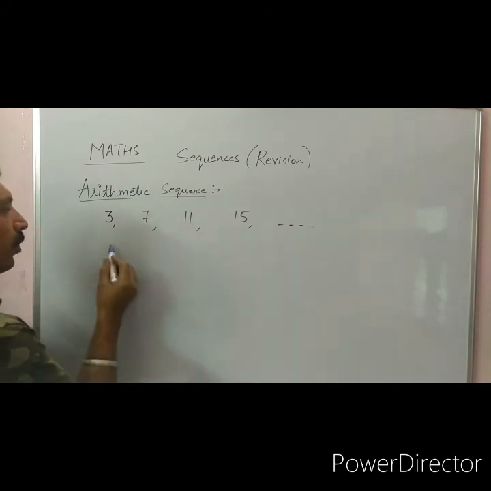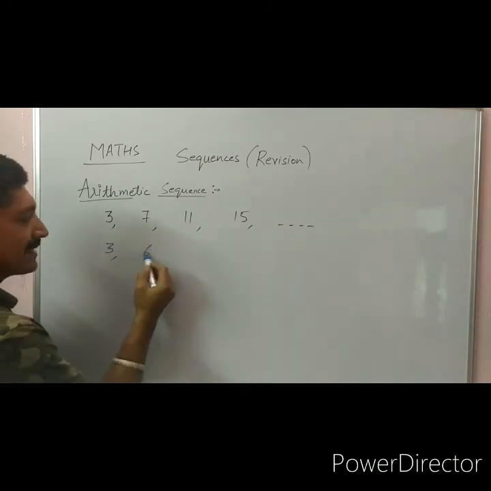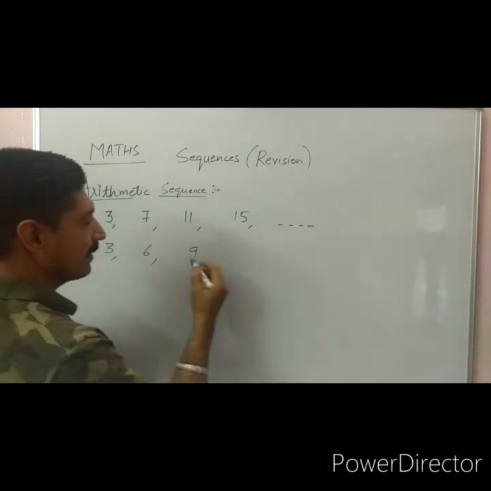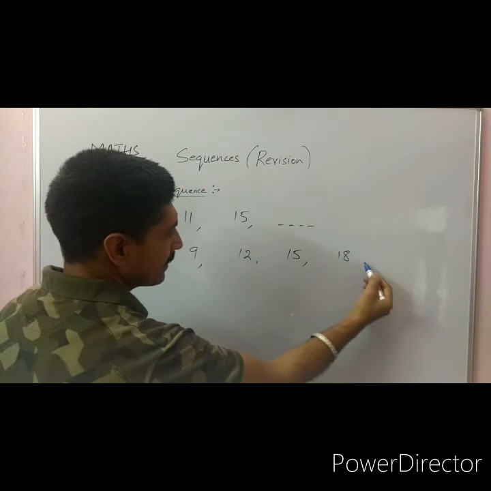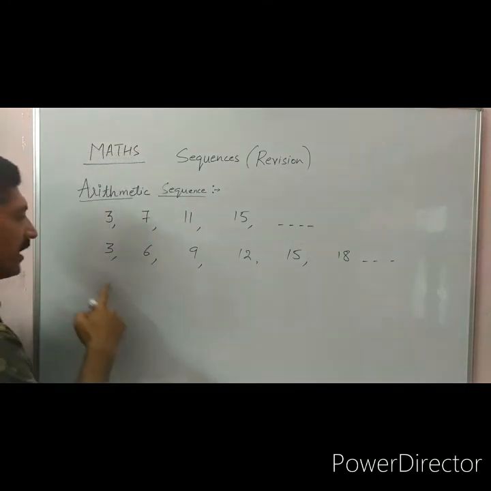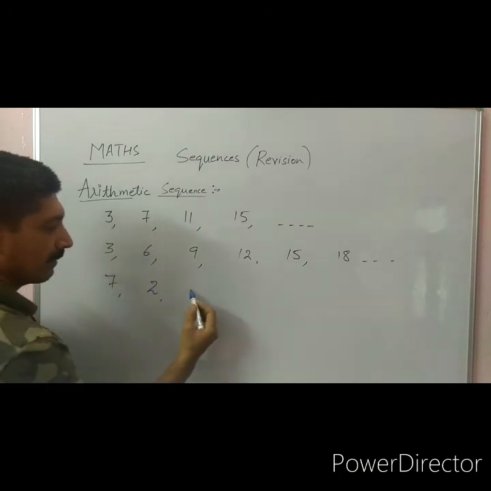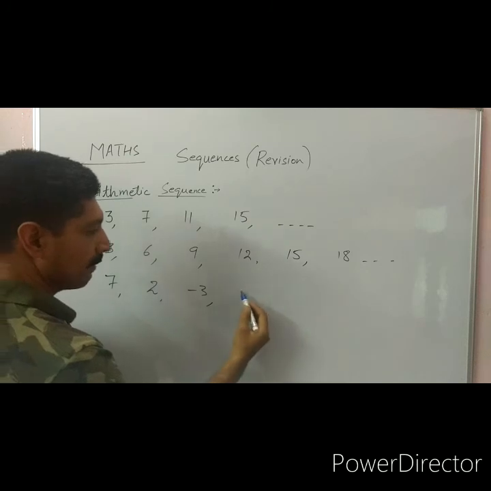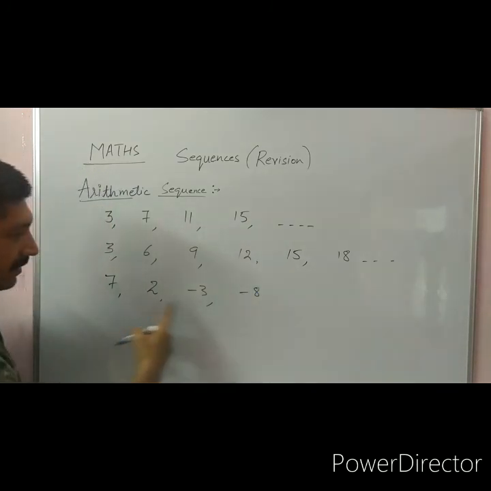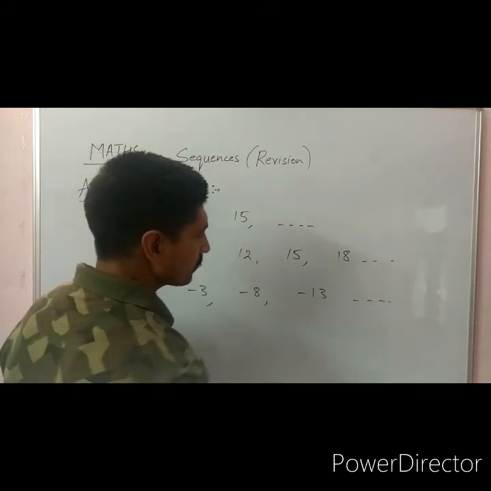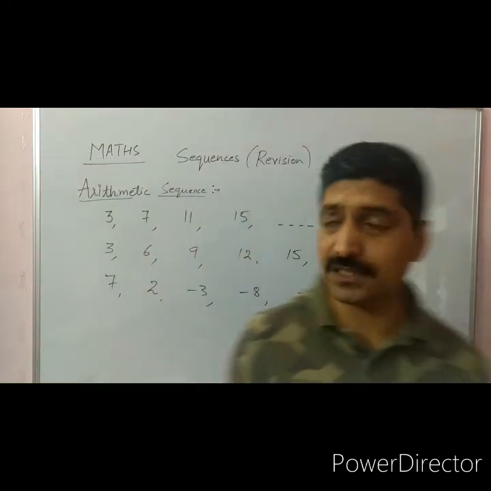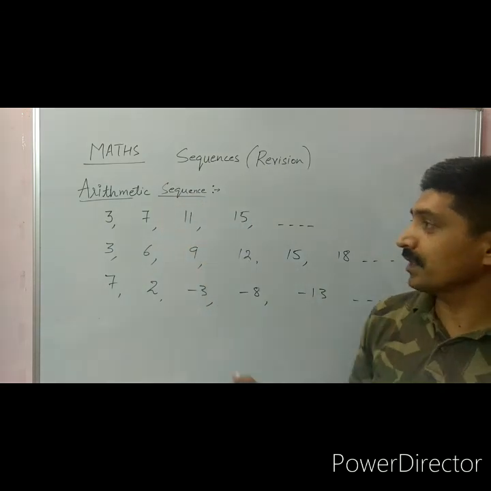Let's take one more: 3, 6, 9, 12, 15, 18, and so on. And one more: 7, 2, minus 3, minus 8, minus 13, and so on.